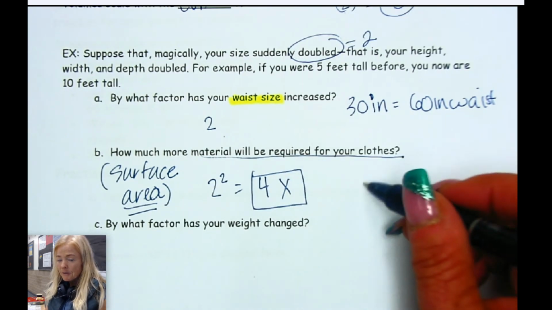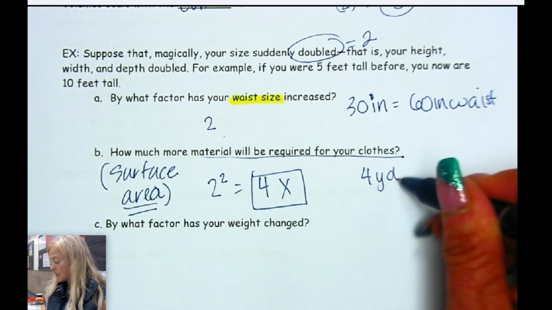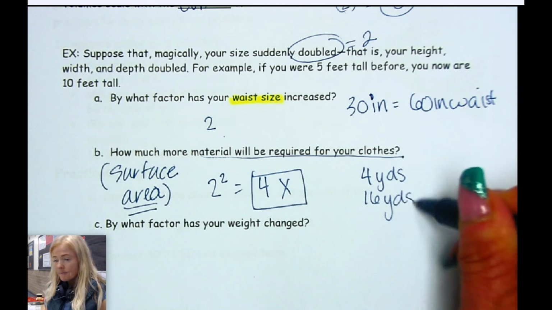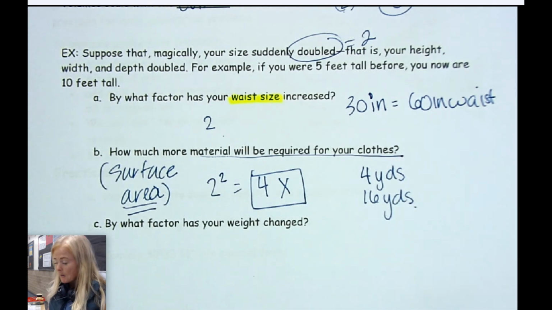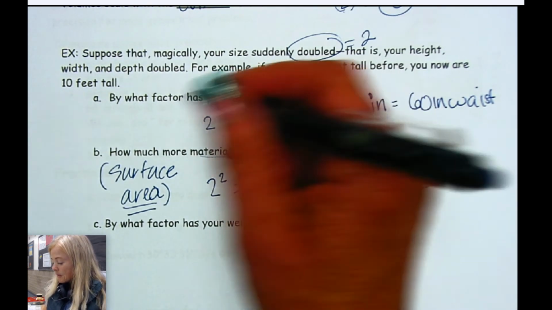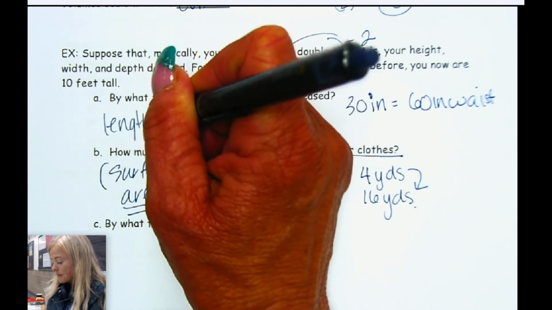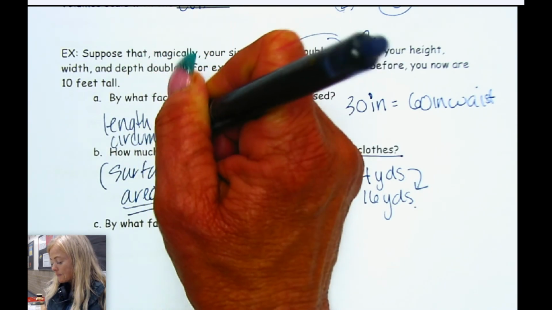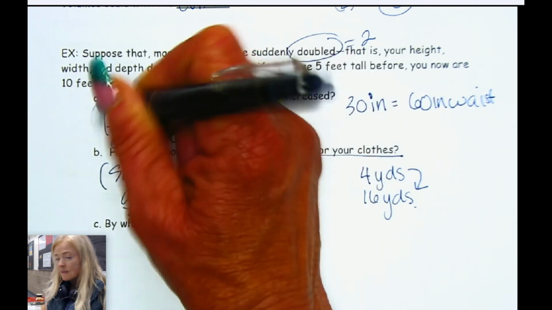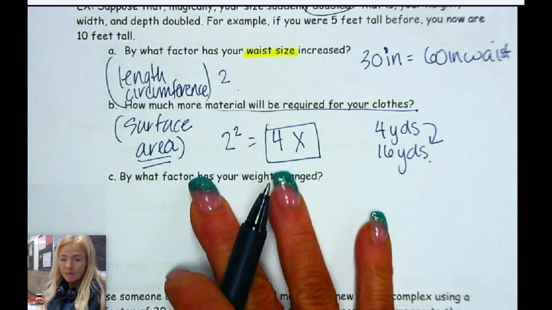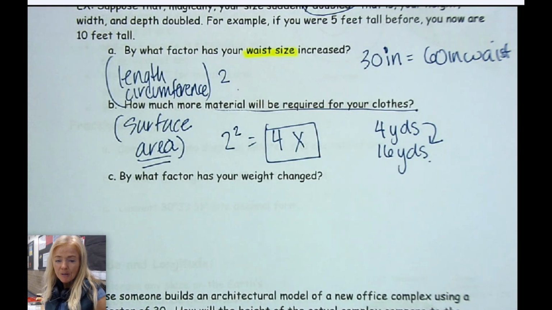So if you used 4 yards before, now you need 16 yards. All right, 4 times 4. I'm going to write length here, circumference. For the first one, I didn't write it down, whereas I wrote down surface area. So I want to make sure I'm clear on that.